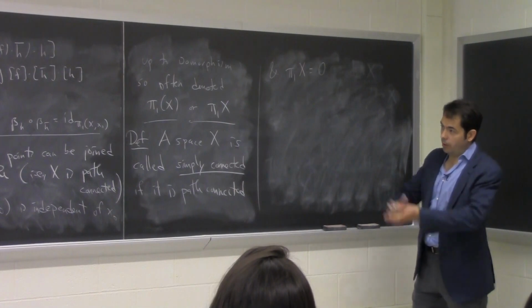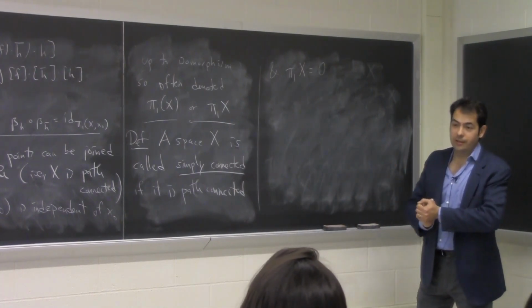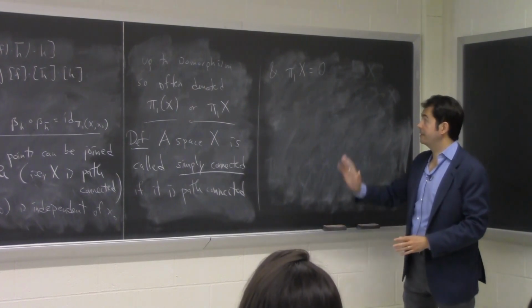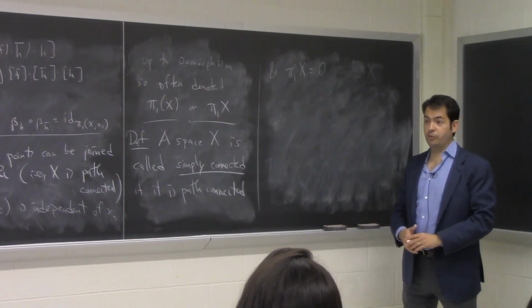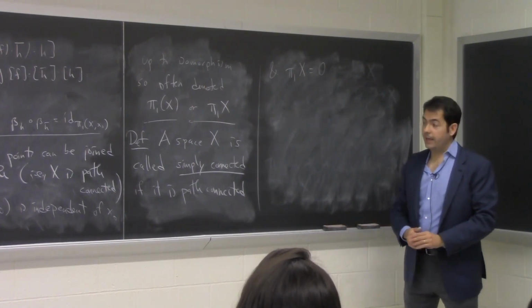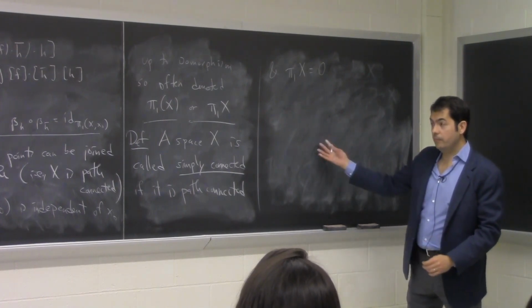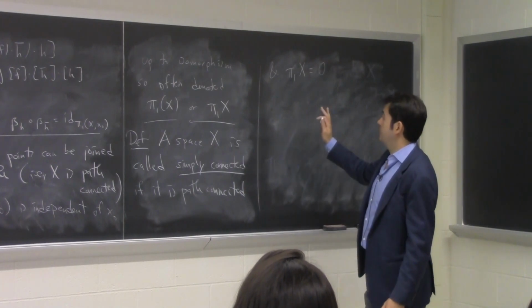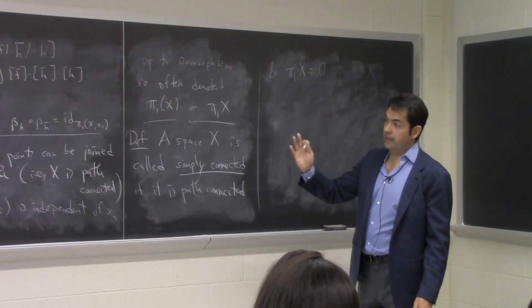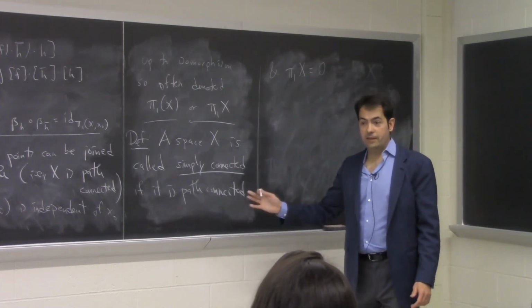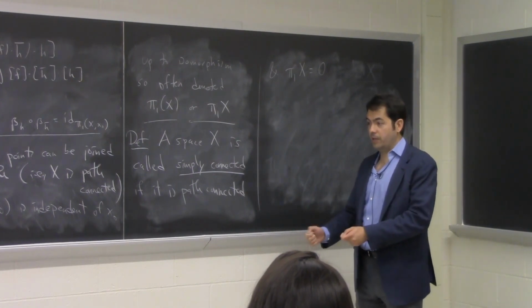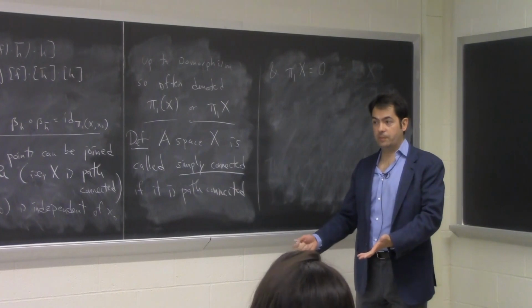OK, so our only example so far, a convex subset of Rn, is simply connected. It's path connected and the fundamental group is trivial. And the name, simply connected, comes from the fact that this has the same property as convex subsets of Rn. Namely, two paths are going to be path homotopic if and only if they have the same endpoints.